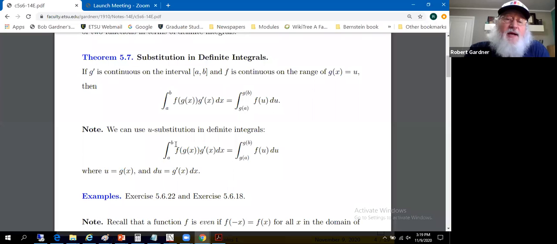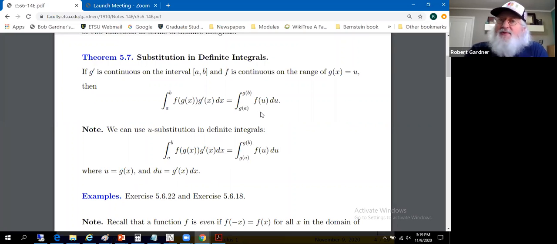And I'd need to find the upper bound of u that corresponds to b. When x is b, u is g of b. And that's why we get the upper and lower bounds in the new integral as stated. Of course, the big idea is to take something sort of complicated and write it as something a bit more elementary.